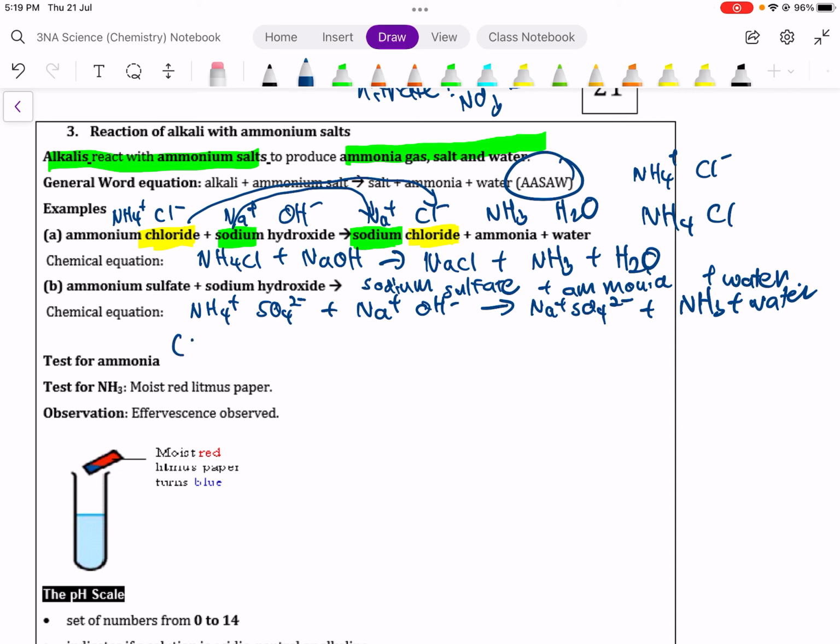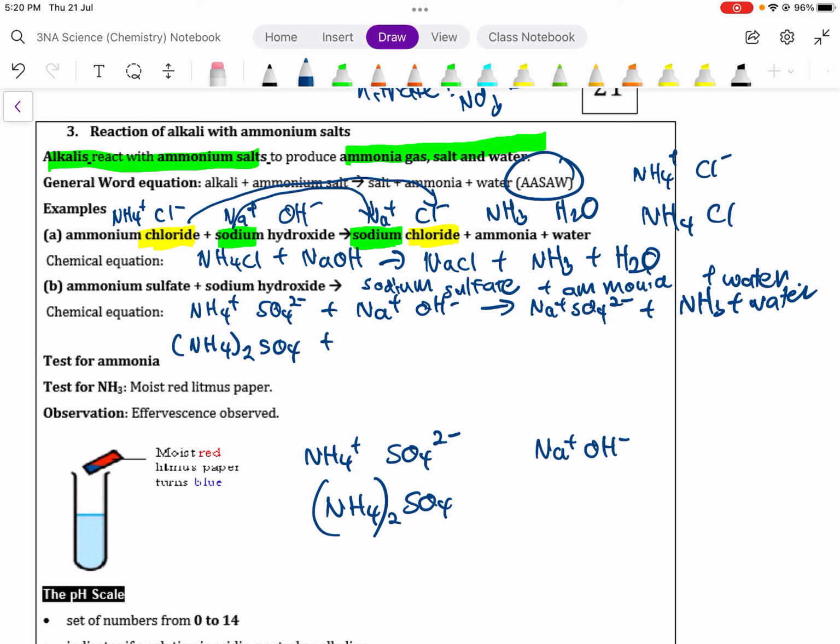So for this one you have to put a bracket: NH4 copy down, SO4 copy down. The 2 comes here, so I need a bracket of NH4, and then a 1 goes to SO4. Then plus NaOH, Na+ OH-, 1 to 1.